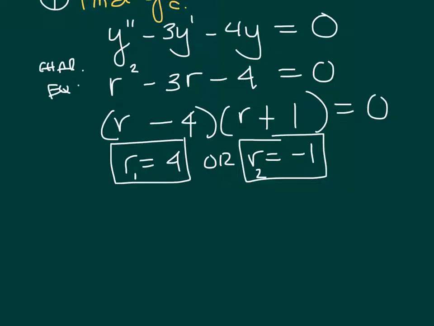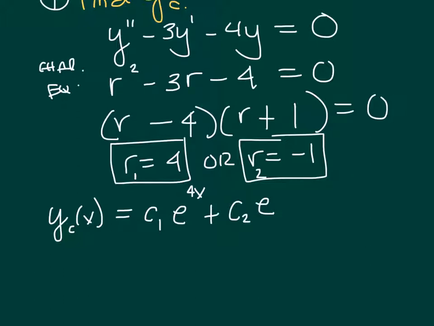Okay, so what is our y sub c? This is our general solution to the homogeneous equation, not the same thing as our y. We know that's just c1 e to the r1x, so in this case e to the 4x, plus our constant c2 e to the r2x, so in this case e to the negative x.